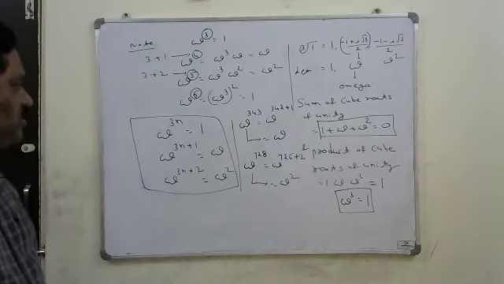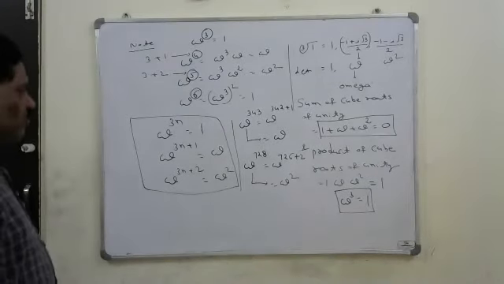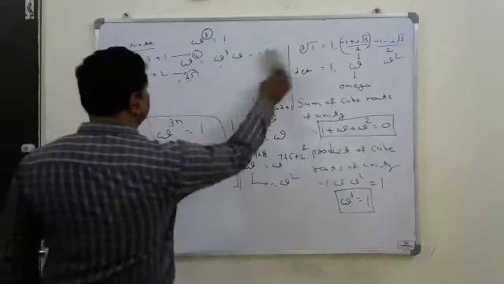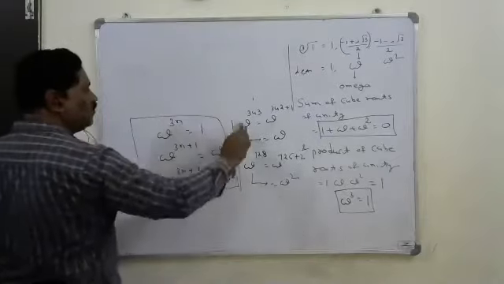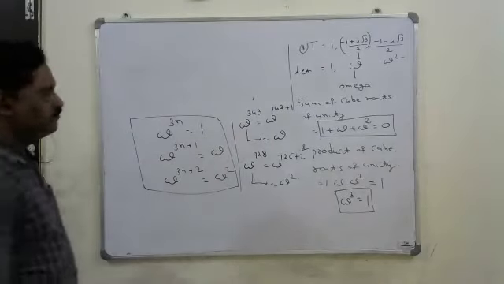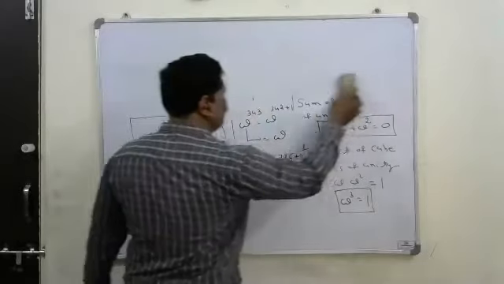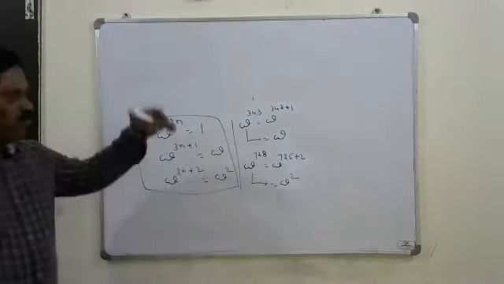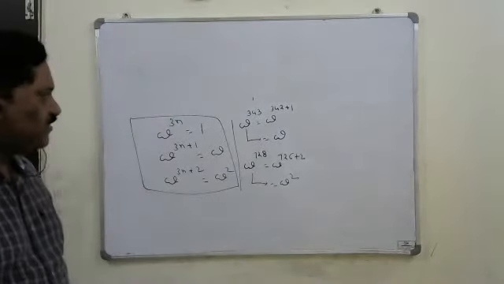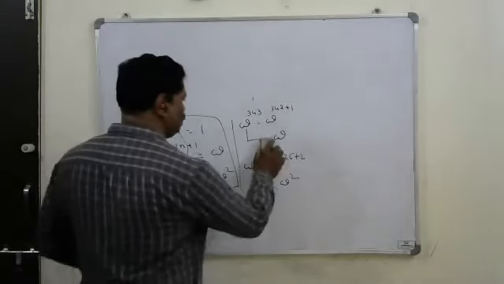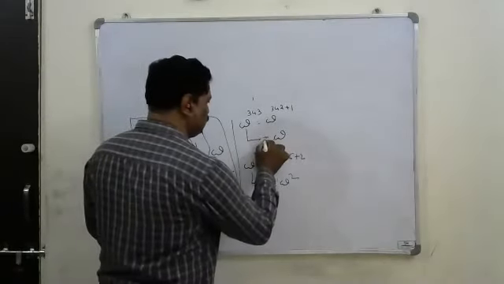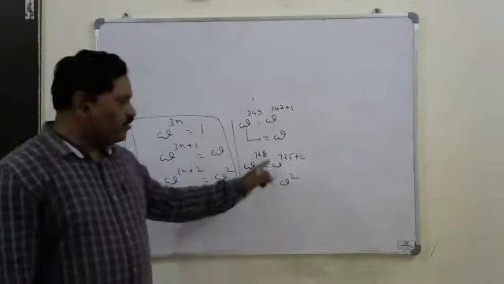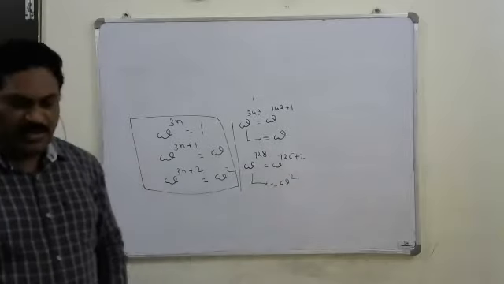For example, omega power 343 is equal to omega power 342 plus 1, that is equal to omega. And omega power 728 is equal to omega power 726 plus 2, that is equal to omega square.